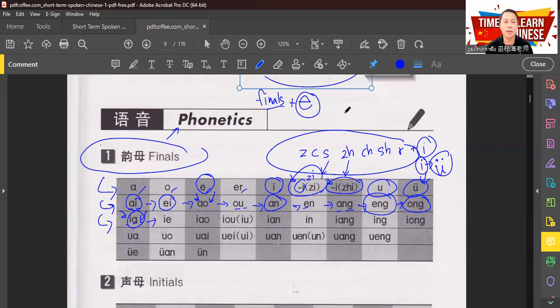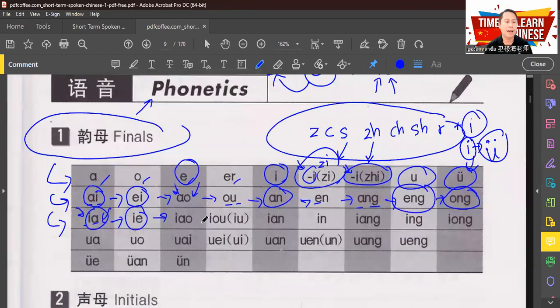For the first one, we pronounce E one way, but for E after other finals, we have to change the sound like A. So I and E. I is E, but E we will pronounce like A. E mixed with A is like this. Okay. Again, please. I and E. Okay. Let's do the next one.